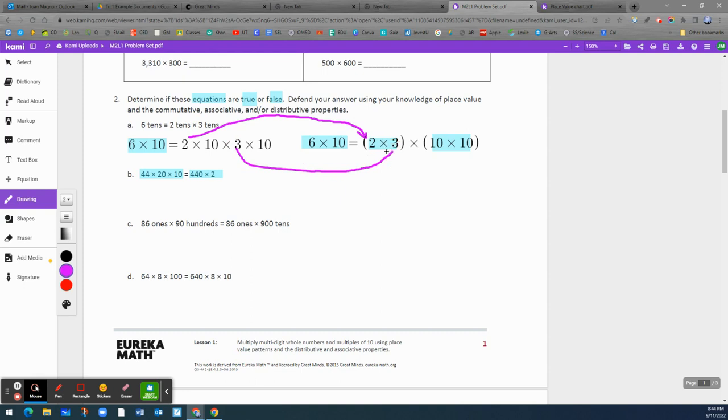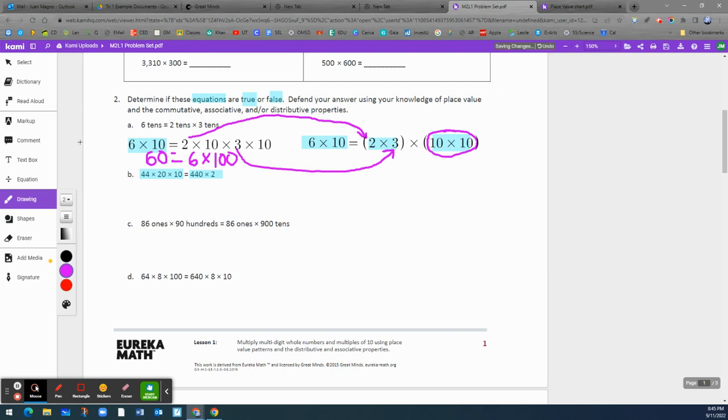In multiplication, you have the ability to use these kinds of properties to group numbers. And then the tens stay together. 6 times 10 equals 60. And now, based on this, 2 times 3 equals 6. 6 times 10 times 10 equals 600.